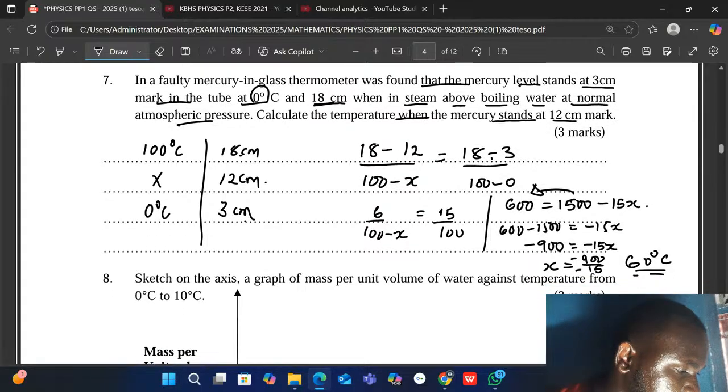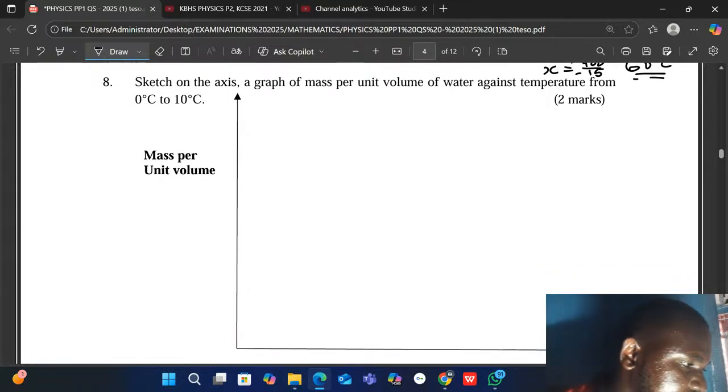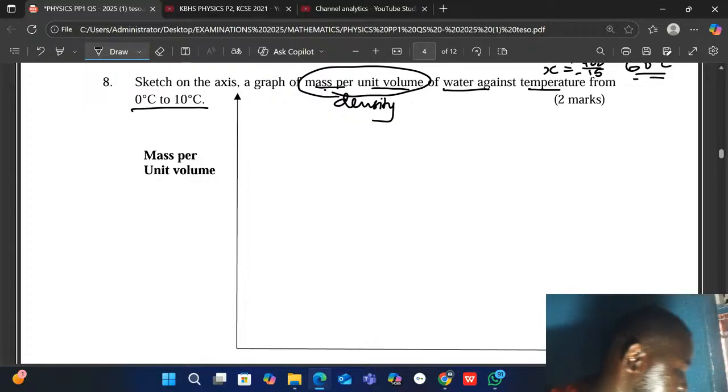So we have question 8. Sketch on the axis a graph of mass per unit volume. This means density of water against temperature from 0 degrees Celsius to 10 degrees Celsius.